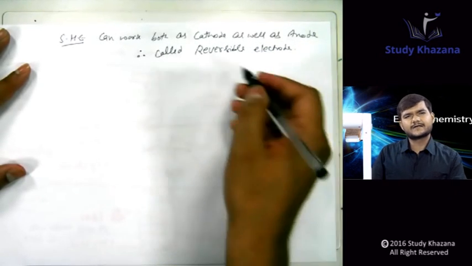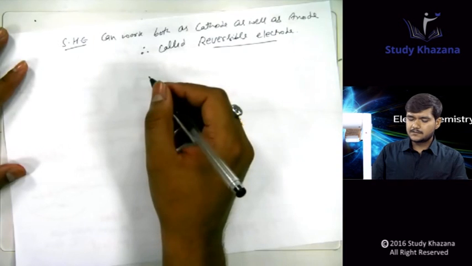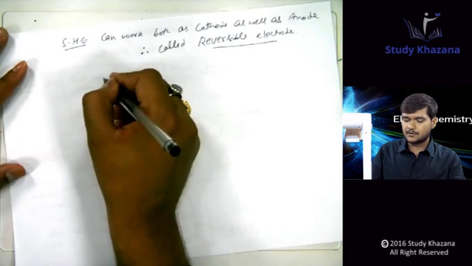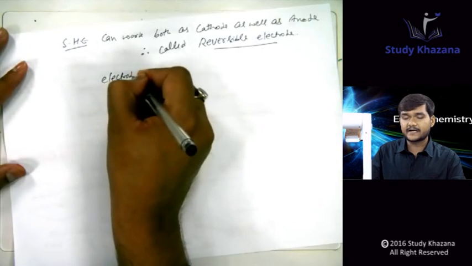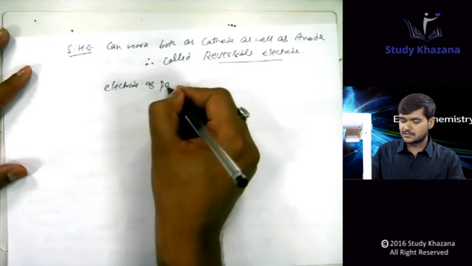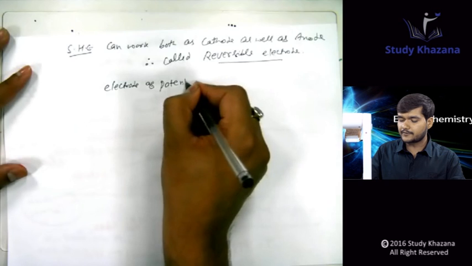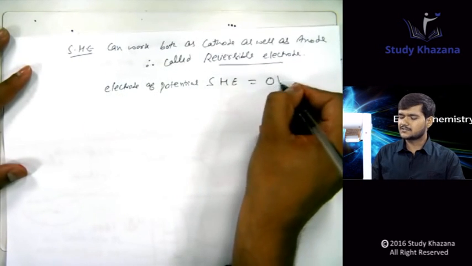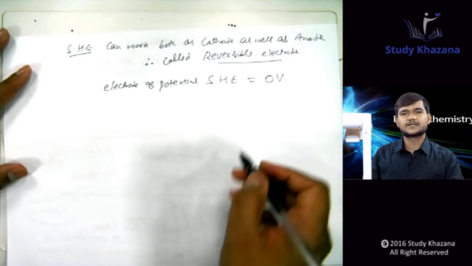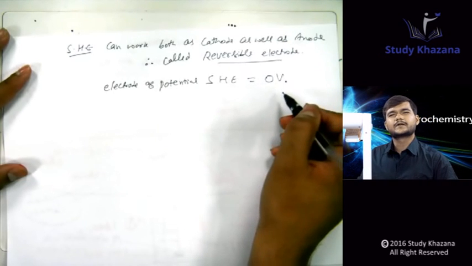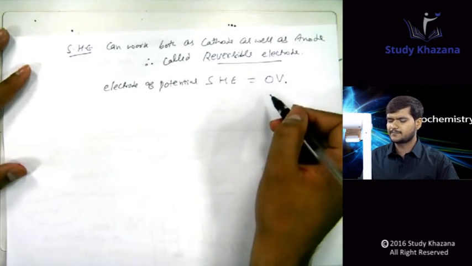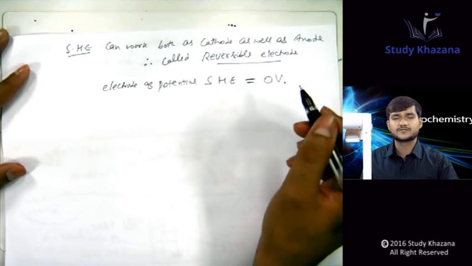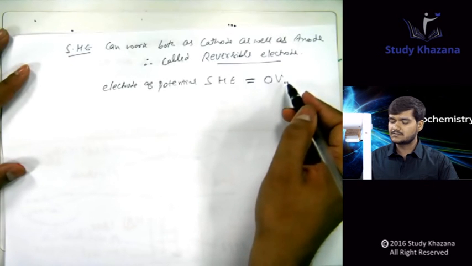Now by convention we have taken the electrode potential of the standard hydrogen electrode as 0 volt. Actually the potential is 0.0012, and we have approximately taken it as 0 volt. The hydrogen electrode has very little potential, so it is 0 volt.